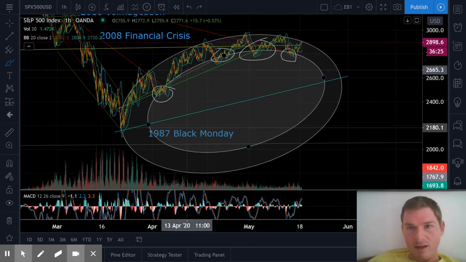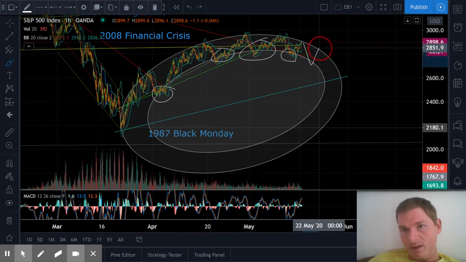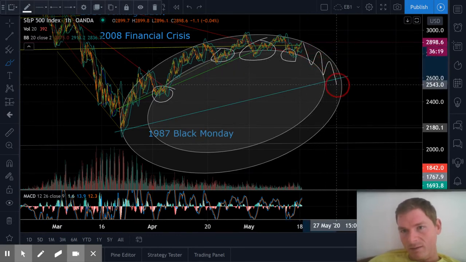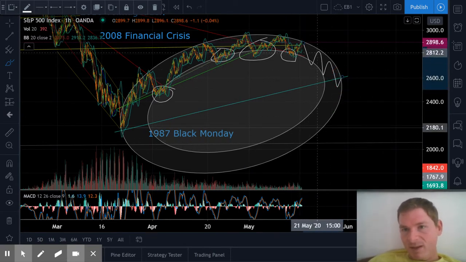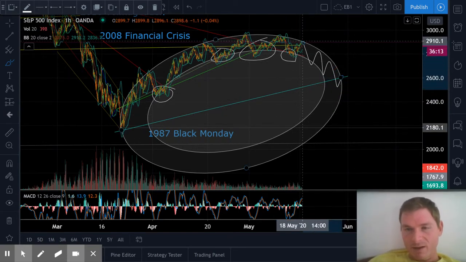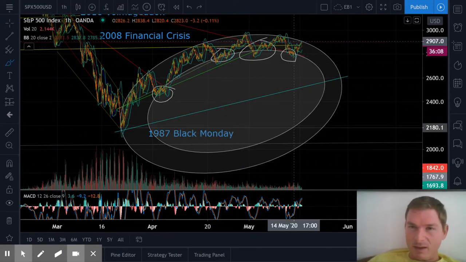But it does indicate higher volume and higher volatility on the down moves, and then maybe it would do some kind of edge to edge kind of shape around this rounded thing, and we'll see if that continues.